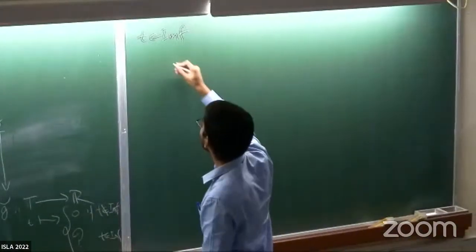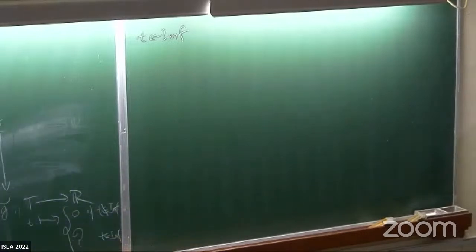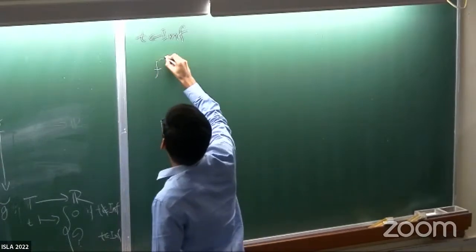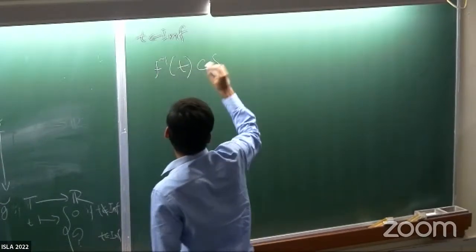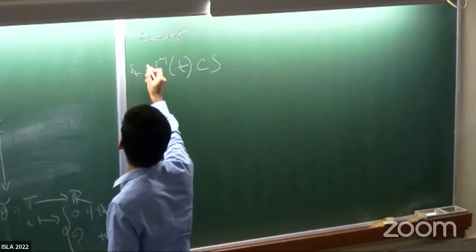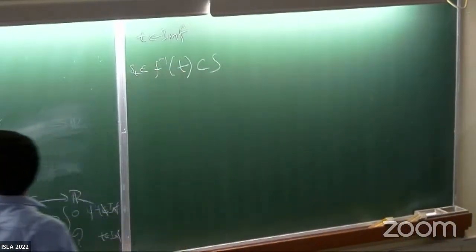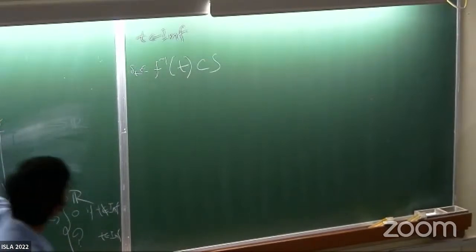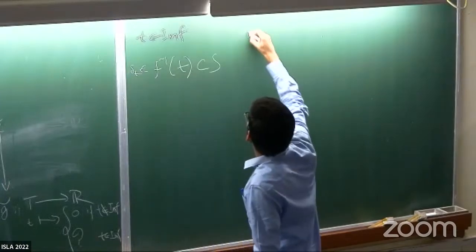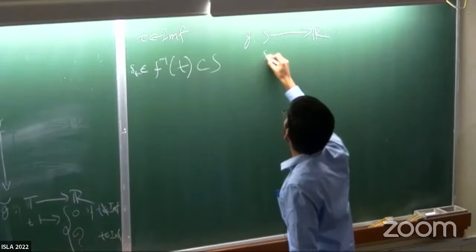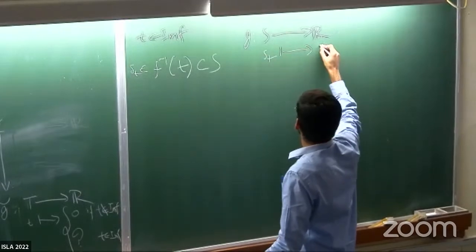You take t, pull it back, and get a subset of S, that is F inverse of t, a subset of S. Now you make a choice. Take an element s sub t inside of it, and then use G, which is a map from S to R. You take s sub t to G of s sub t.